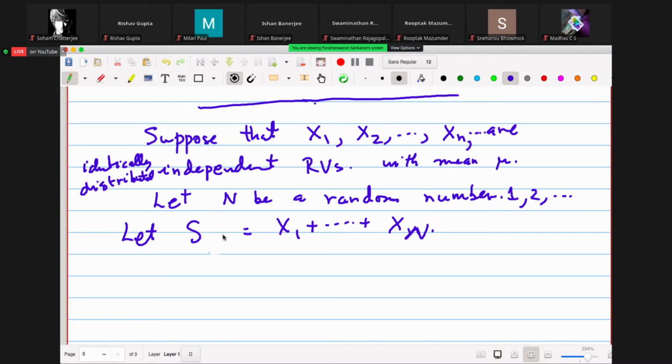So S depends on several things: X1, X2, up to XN, and also the value of the random variable N.